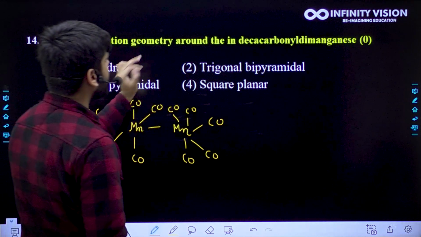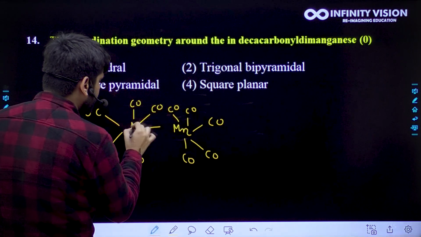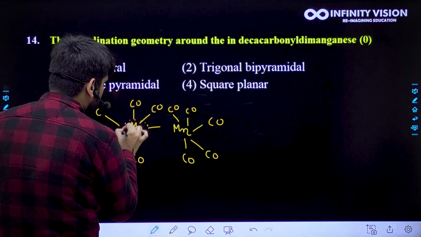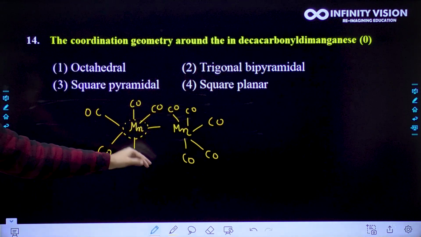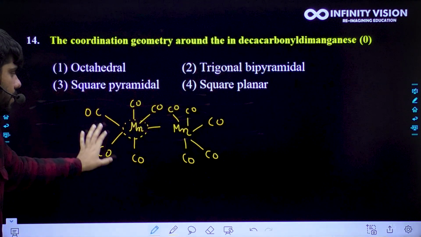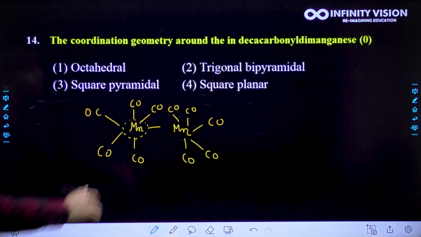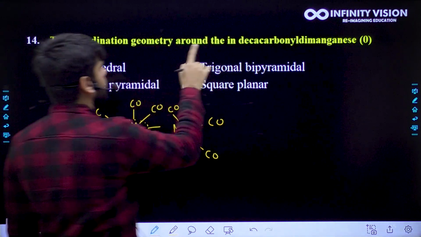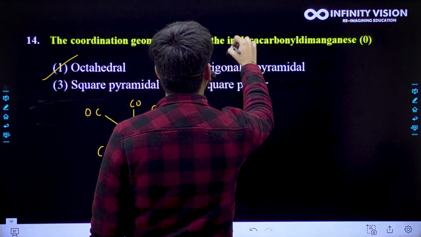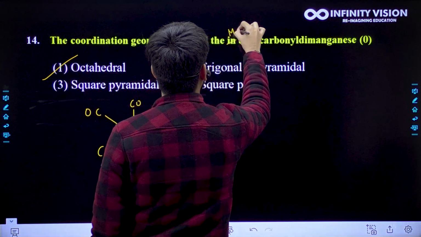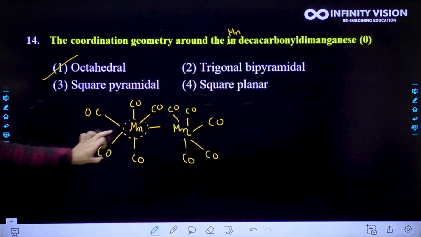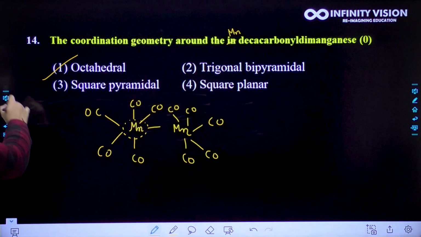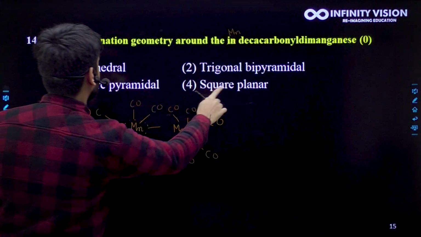They are asking you the coordination geometry around the manganese. So if you see around the manganese, the coordination geometry is octahedral. It is quite visible. The coordination geometry around manganese in decacarbonyl dimanganese is octahedral. All right. Let us discuss the next question.